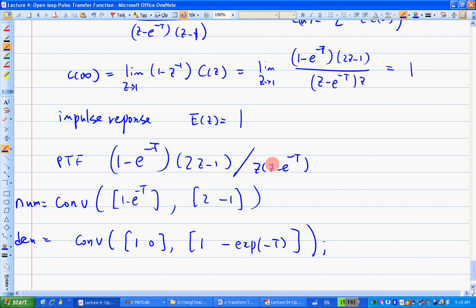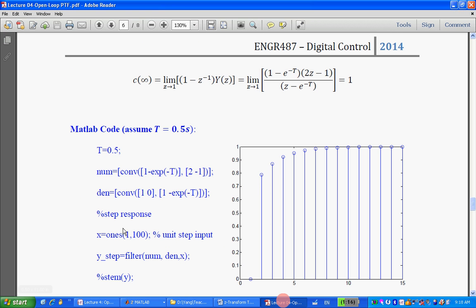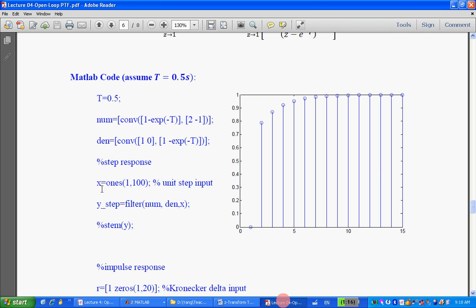Then you do the simulation based on this pulse transfer function. If we are doing step input, it basically means we multiply this transfer function with the step input, right? The way to define a step input here is sort of a dummy way. I define a sequence of ones.